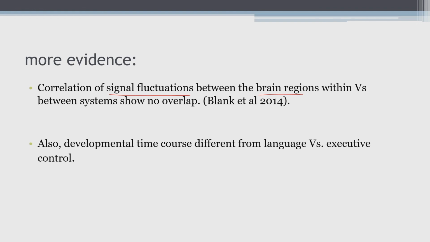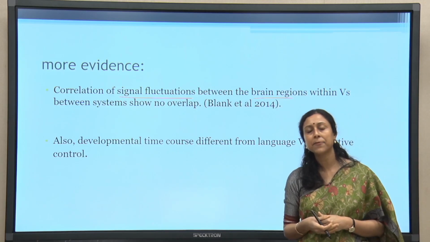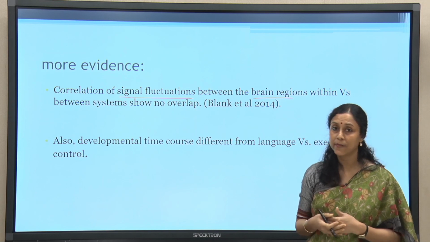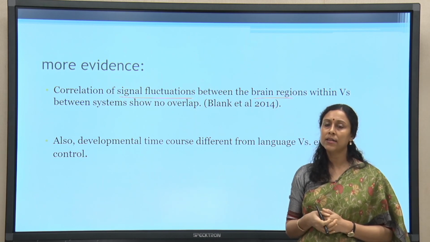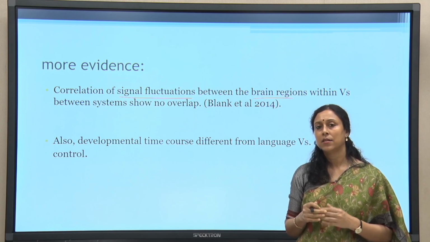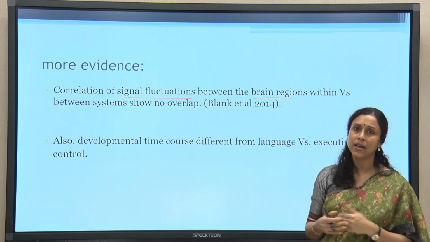Also, some researchers have pointed out that the time course of development of language and executive control mechanisms in children from childhood to adulthood also differ. A 3-year-old child can have the language system in place perfectly fine in a normally developing child, while the executive control mechanism gets properly settled by adolescence or young adulthood.